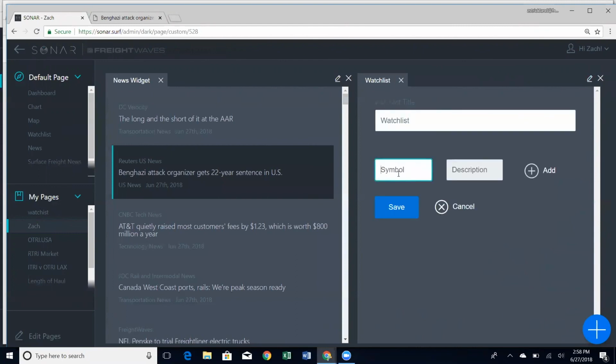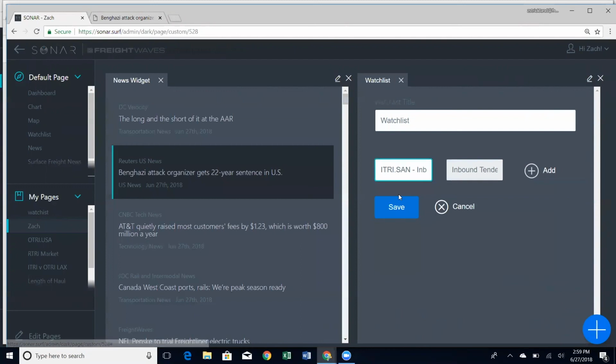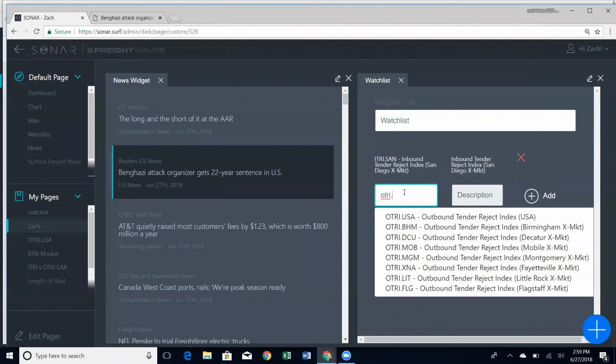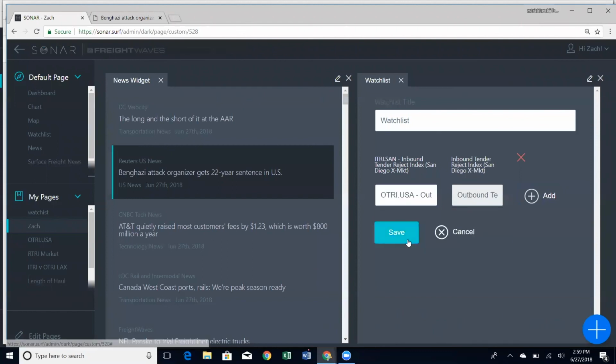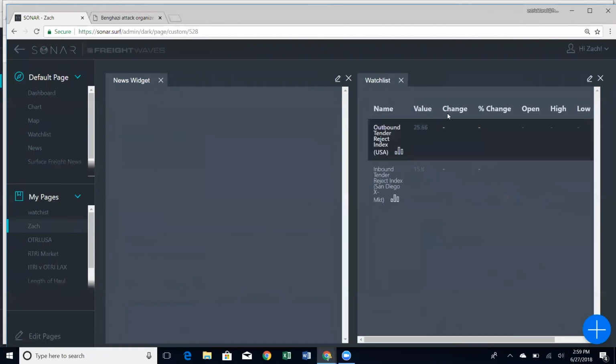And again, as we saw earlier, we can pull up and show any number of indices we'd like to see. Make sure you press add so you get them in there to save. And then once you have any number of data sets that you like and feel comfortable with, we can save them and view them from the watch list.